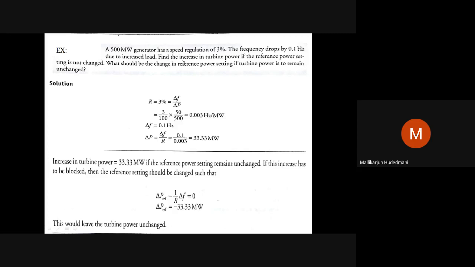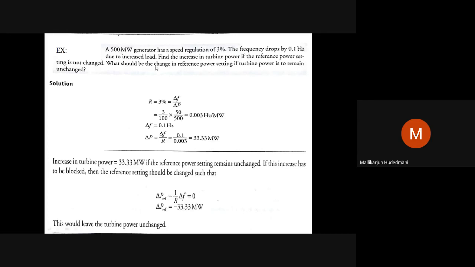Find the increase in turbine power if the reference power setting is not changed. The speed changer is not worked out; only the governor has to respond to the change in frequency. That is, what is the extra turbine power, delta PM, to be increased, what is the valve opening to supplement mechanical power, is the question.